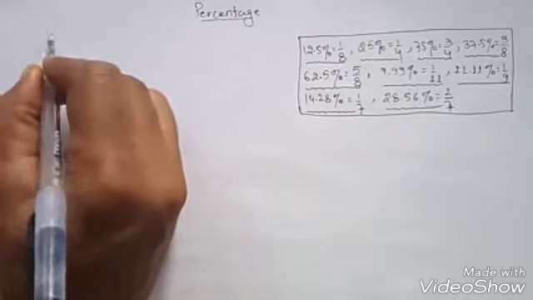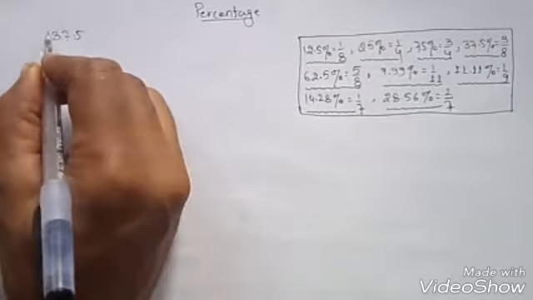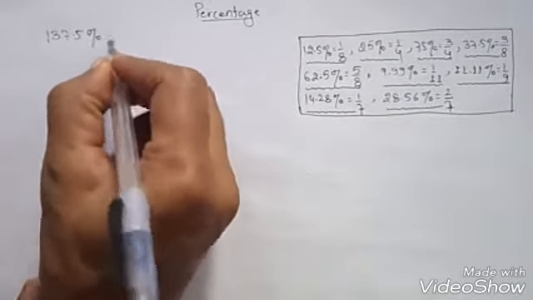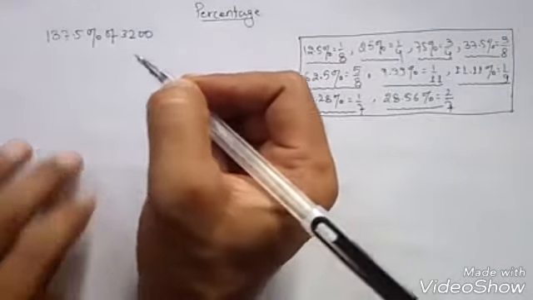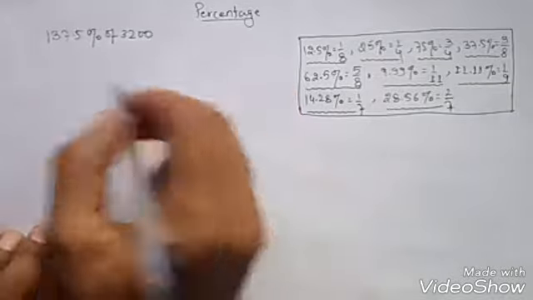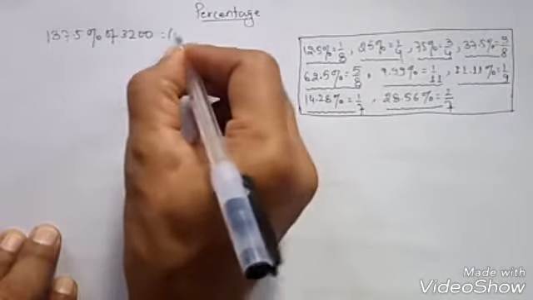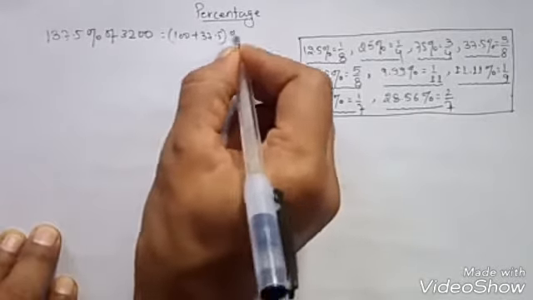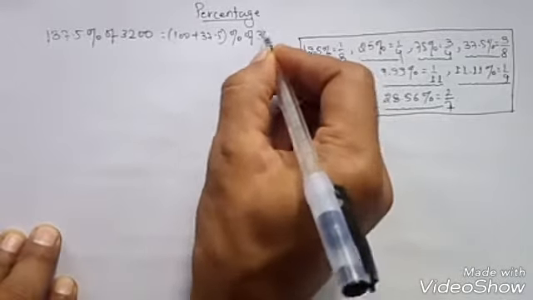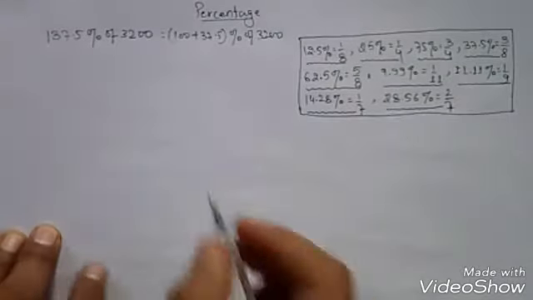For example, 137.5% of 3200, which means we can write it as 100 plus 37.5% of 3200, right?